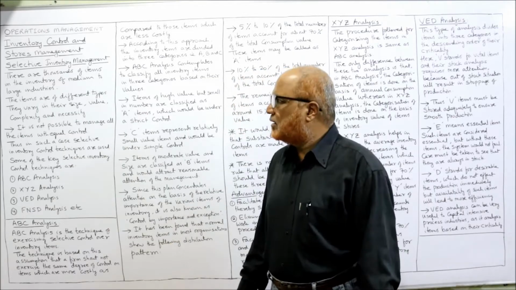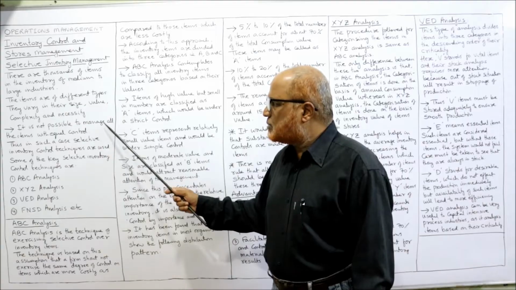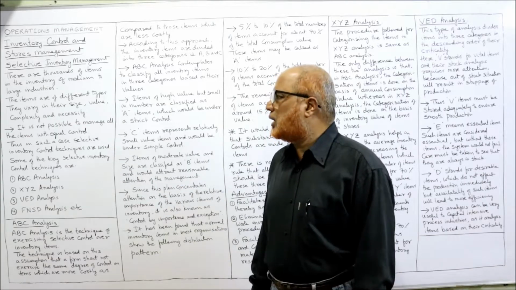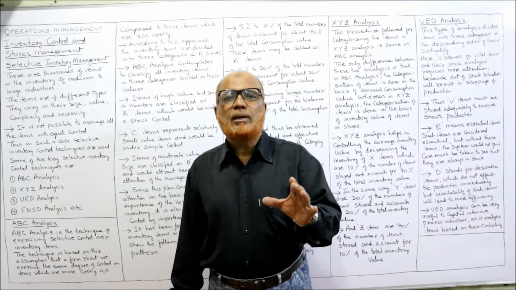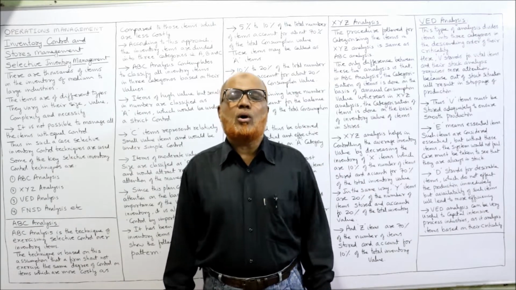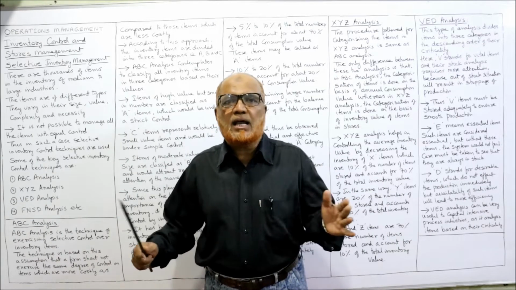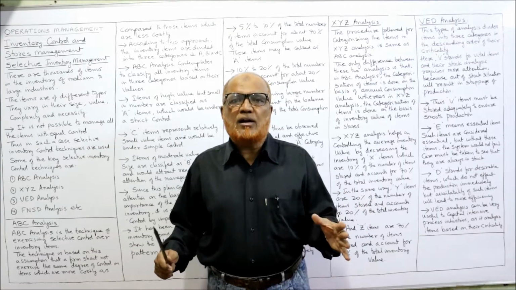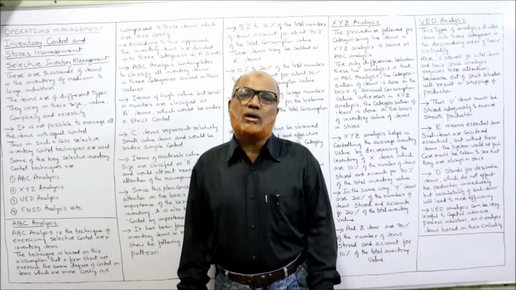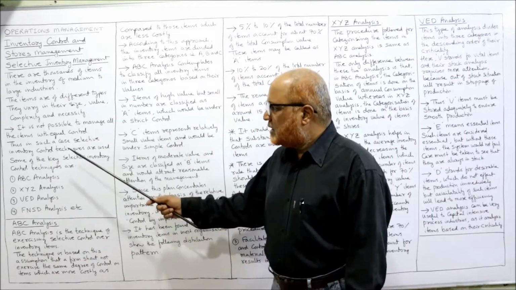All the items are different, so it is not possible to manage all the items with equal control. Every business cannot give equal importance and equal control to all the items. We have to categorize the items into different classes, and different control techniques should be used on different items.